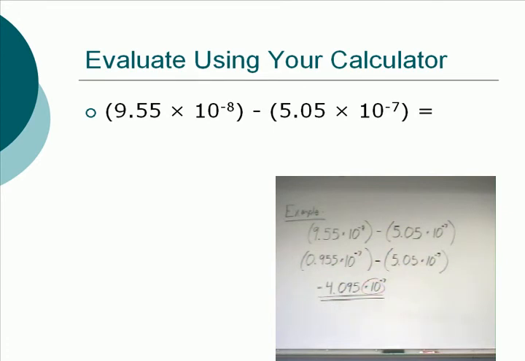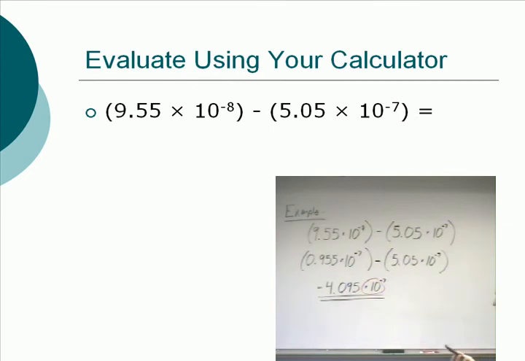Okay? And I won't even attempt to draw what the display looks like because they're all different. Then you're going to subtract and then type the second value, 5.05 EE, EXP, or times 10 to the x, and an exponent of negative 7.